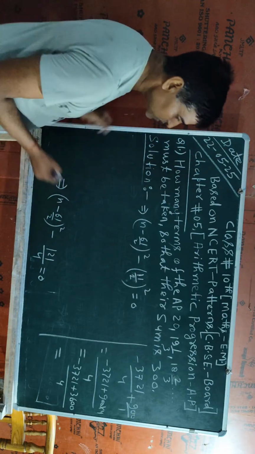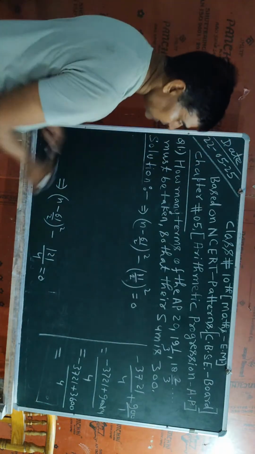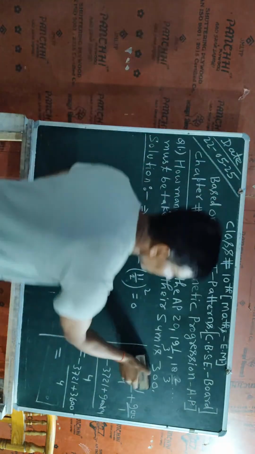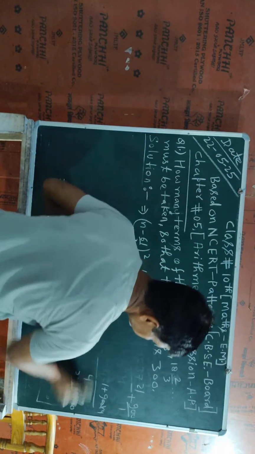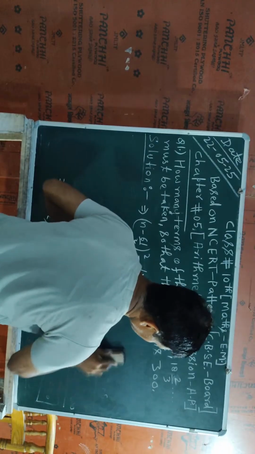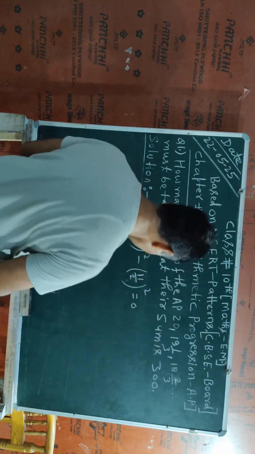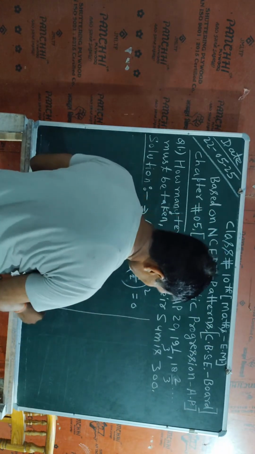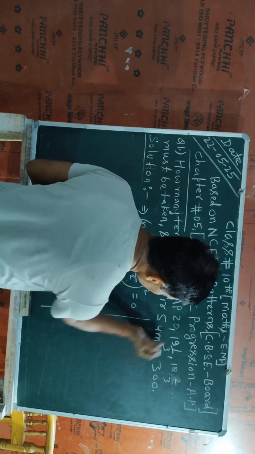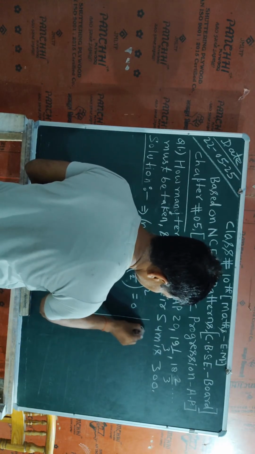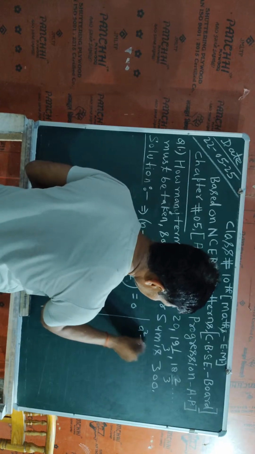Okay student, because I am converting the given quadratic equation in this form, a square minus b square.